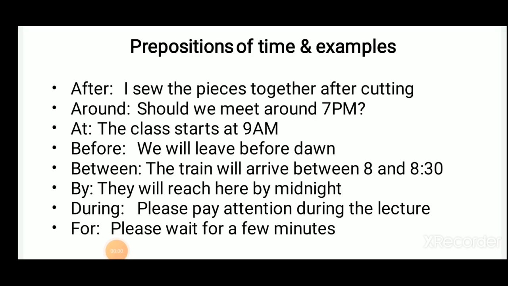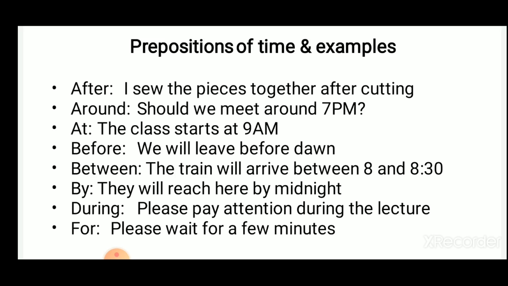There are several prepositions of time, just like after, around, at, before, between, by, during, for. I shall present some of the examples before you so that you can understand the difference between them.